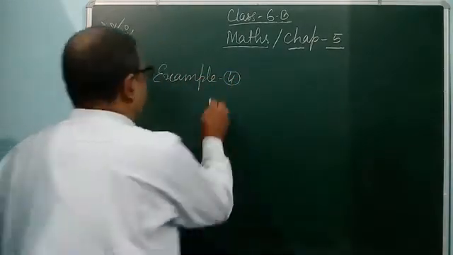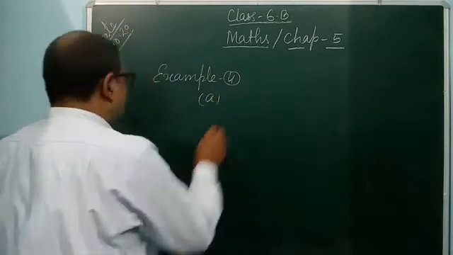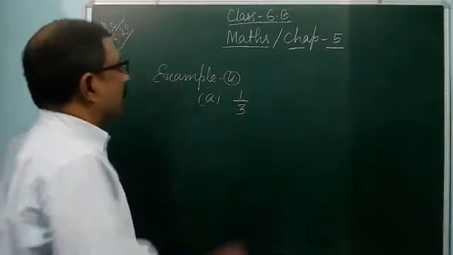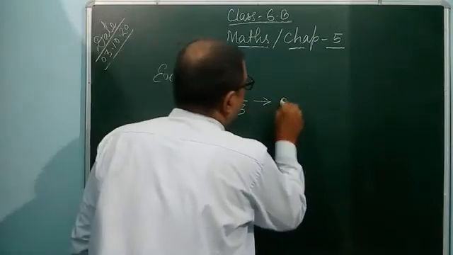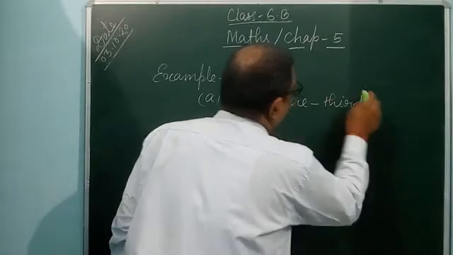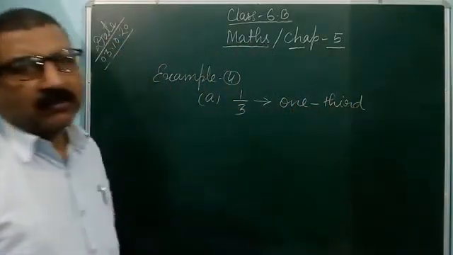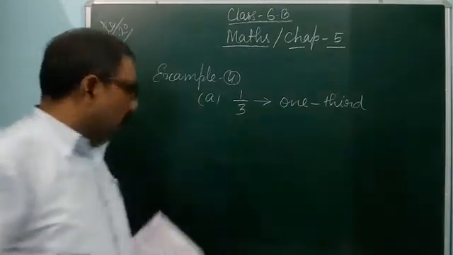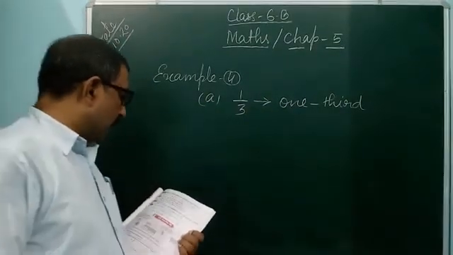Example 4a. What is given? 1 by 3. 1 by 3 means 1/3. 1 by 3 means 1 upon 3, and 1 upon 3 means 1/3. 1/3 means 1 part out of 3 equal parts.